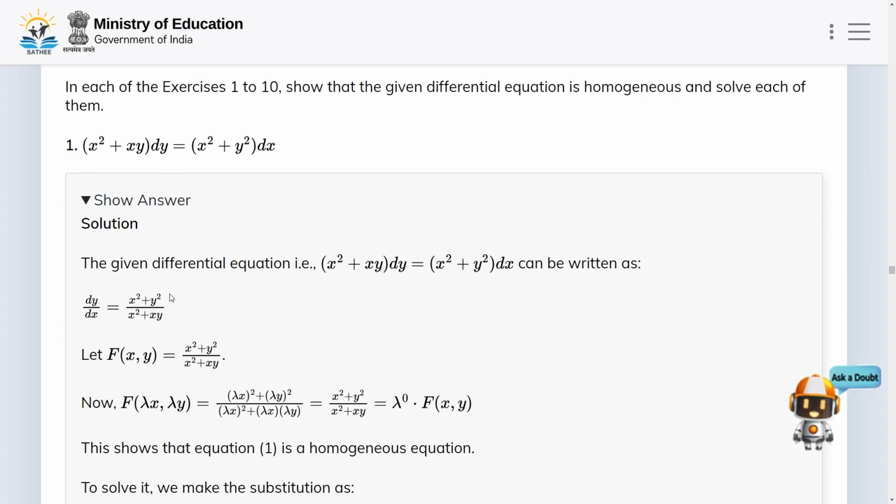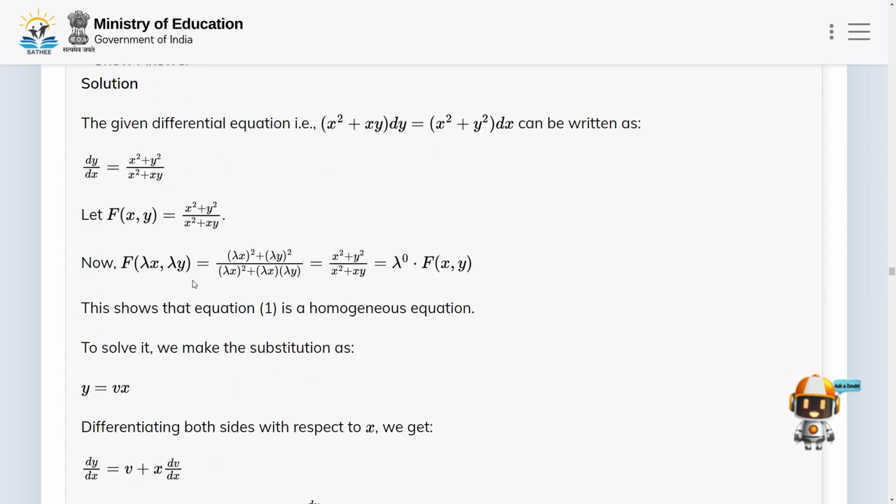On the right hand side we have to make some expression in terms of x and y. Now substitute lambda x in place of x, lambda y in place of y. Substituting, you will get lambda power 0 multiplied by f of x y. So this is your homogeneous equation of degree 0. This means homogeneous differential equation.